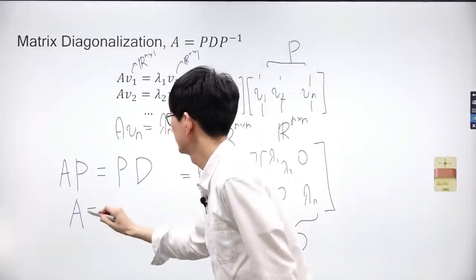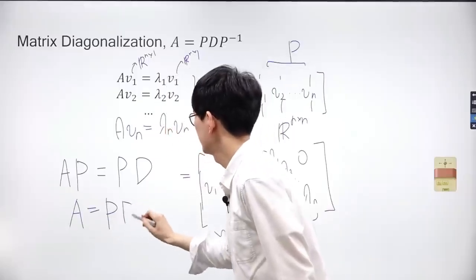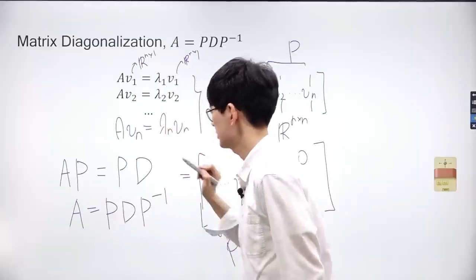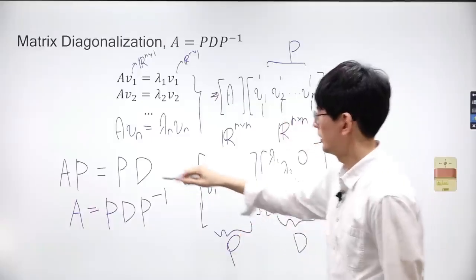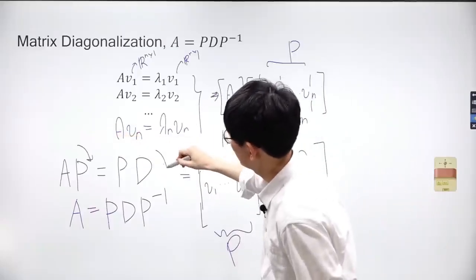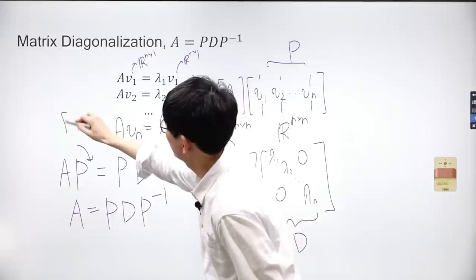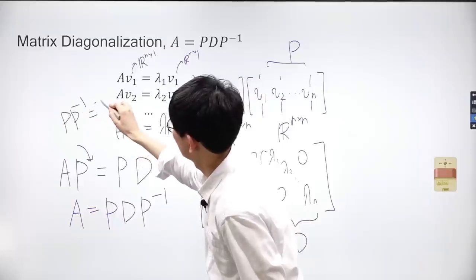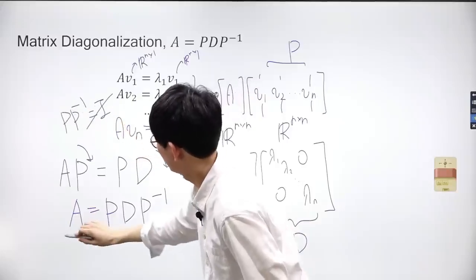By multiplying the inverse matrix of P on both sides of the equation, we get A equals P D P inverse. Remember, if you multiply a matrix by its inverse, you get an identity matrix as a product.